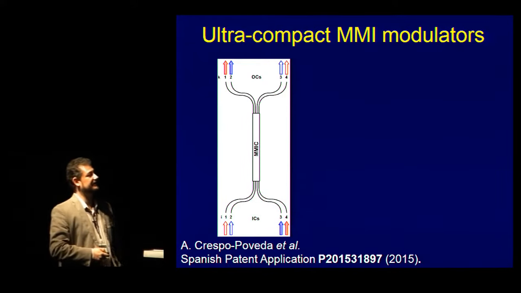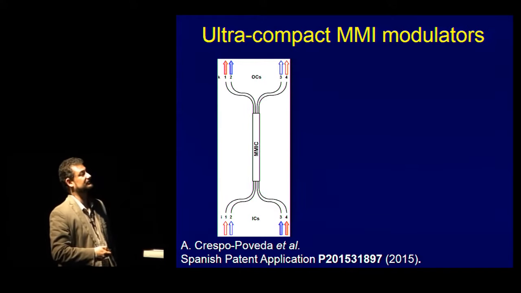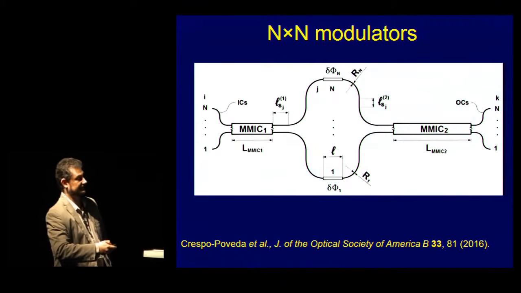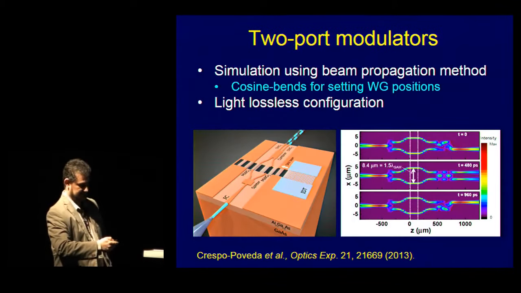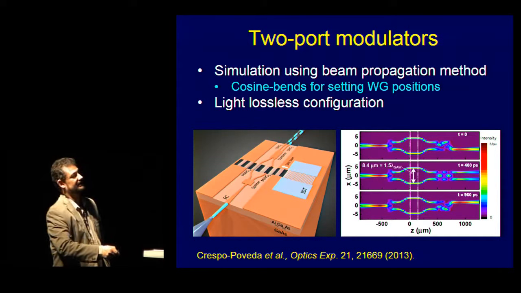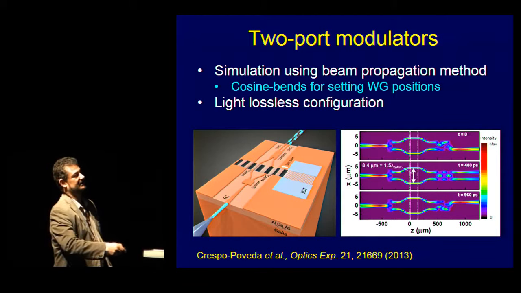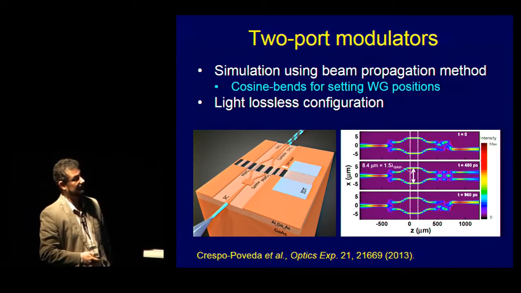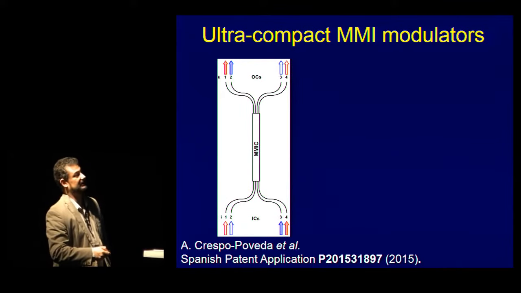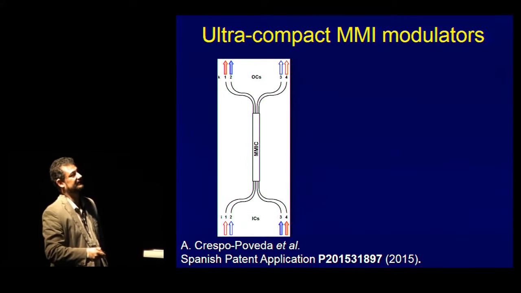And we have another approach also using MMIs. Instead of modulating the waveguides, like in this geometry here, where we have very large MMIs outside our active region, we thought that we could try to modulate inside the MMI.